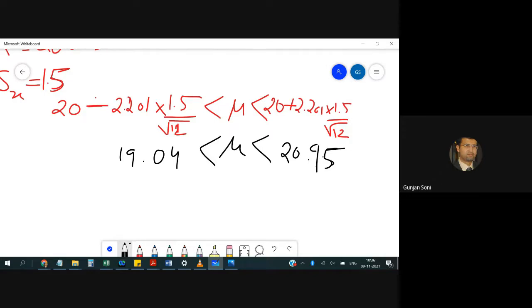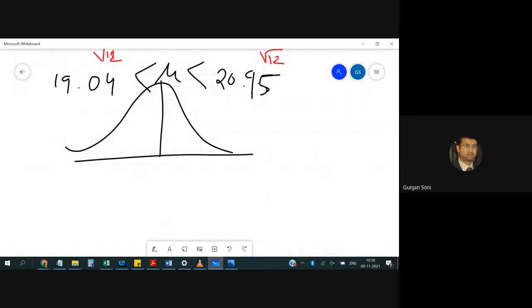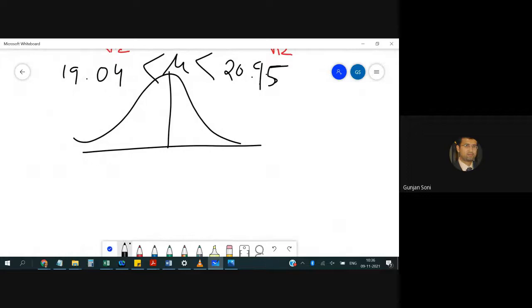Okay, so what does it mean? It means that for this particular instrument, if I take observations of, let's say, mean kitna tha? 20.